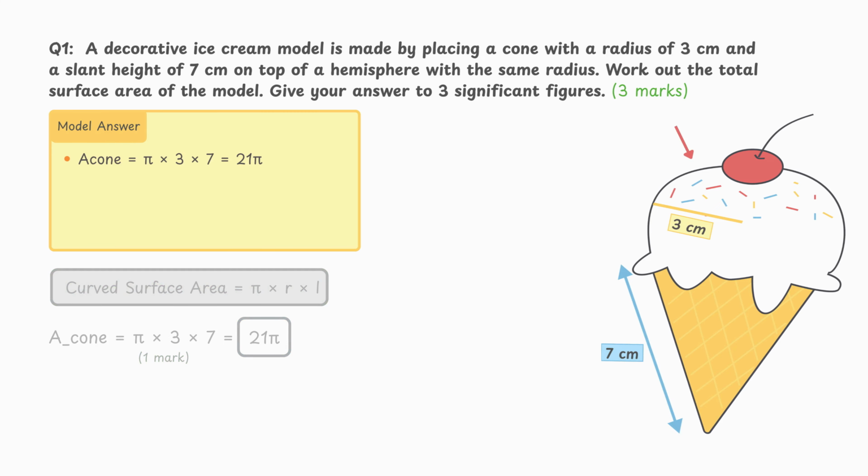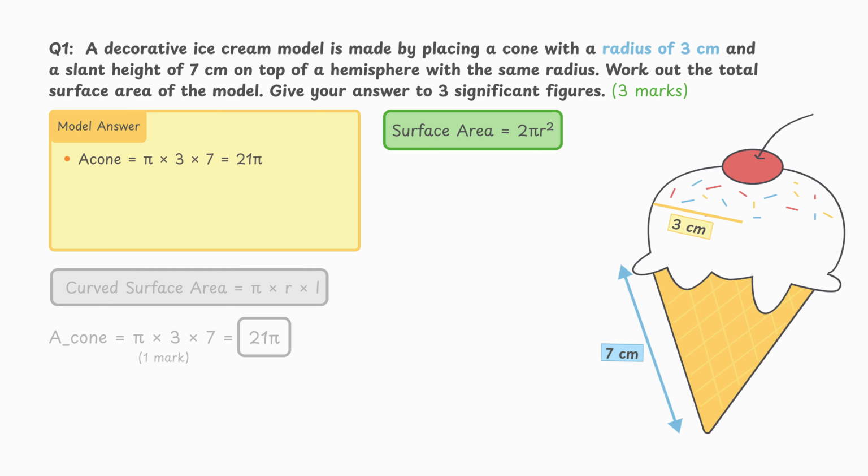Now we move on to the hemisphere. A hemisphere is half of a sphere. For this question, we only need the curved surface area of the hemisphere because the flat circular face is not part of the outside surface of the model. The formula for the curved surface area of a hemisphere is surface area equals 2 pi r squared. The radius is again 3 centimeters because the cone and hemisphere have the same radius.